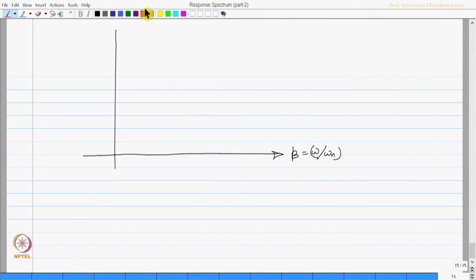Let us try to plot this closely in the range of beta equals 1, which is resonating. Let us try to plot in the y axis the absolute value of h omega, which we call amplitude amplification.